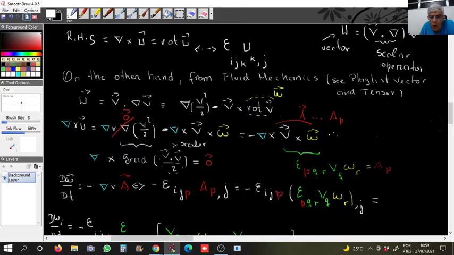Now, this is V cross W, attention now, I don't exchange Q and R, they follow: Q follows V and R follows omega. This is VQ, WR, this is AP.